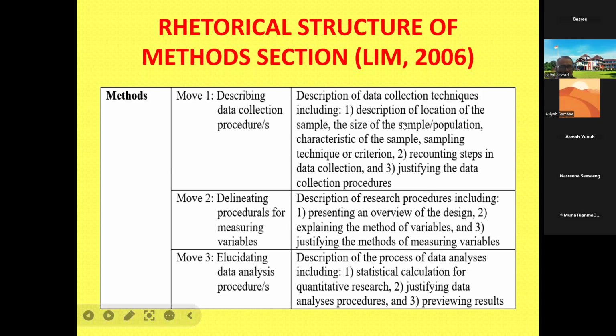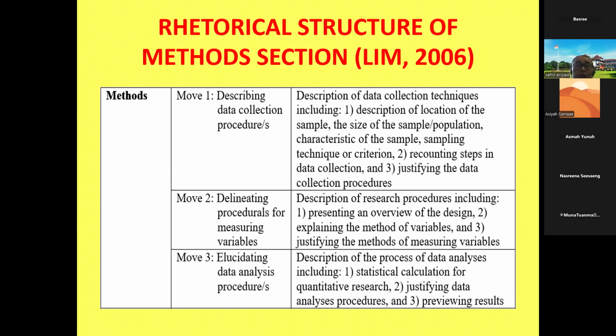So this is one way of describing or explaining your research method section, which in a thesis becomes chapter 3. But in an article, this is just called the method section.